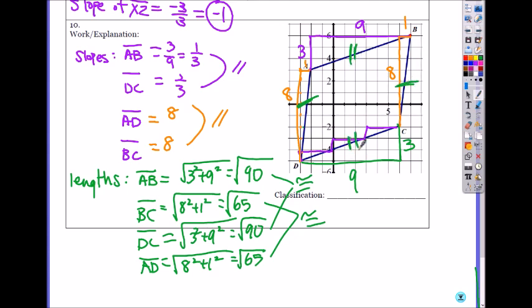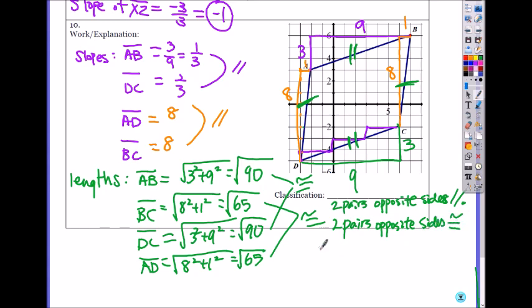So what is your final conclusion? You're going to say 2 pairs of what? Opposite sides are parallel. And 2 pairs of opposite sides are what?